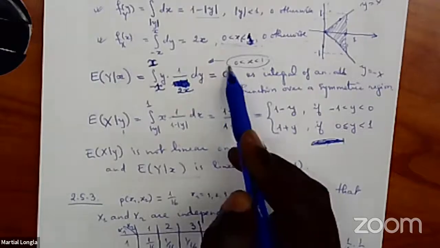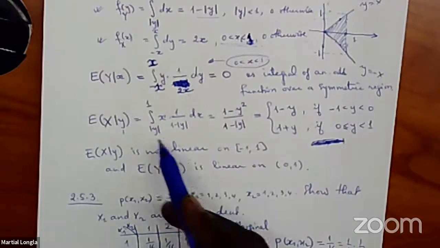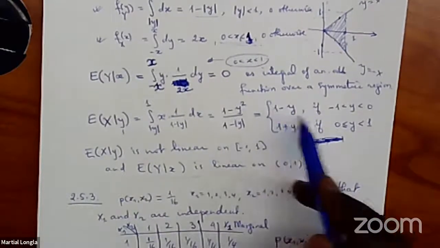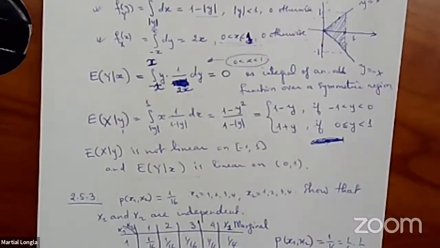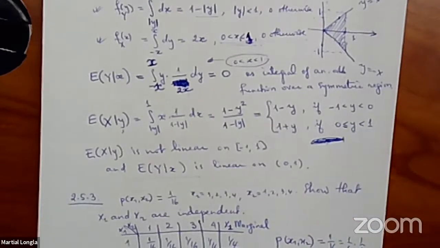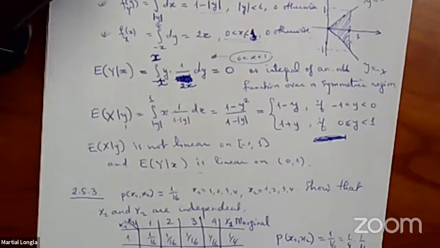It is linear for any x between 0 and 1, which is a set of non-zero probability. This one is not linear for y between -1 and 1, which is a set of non-zero probability. So that's explaining the part of the question that was talking about a set of non-zero probability.